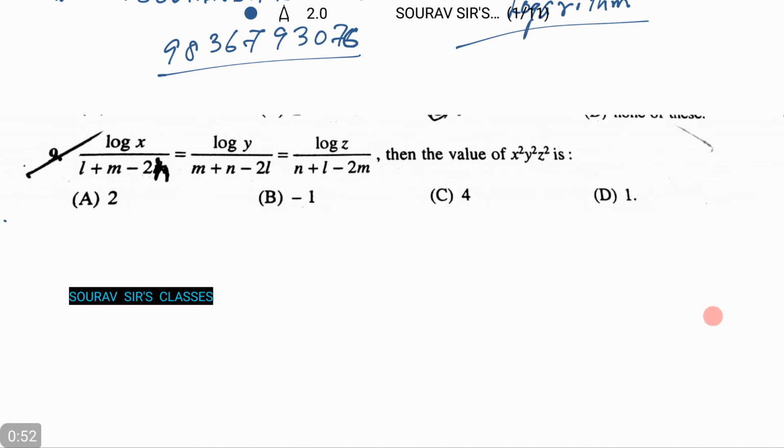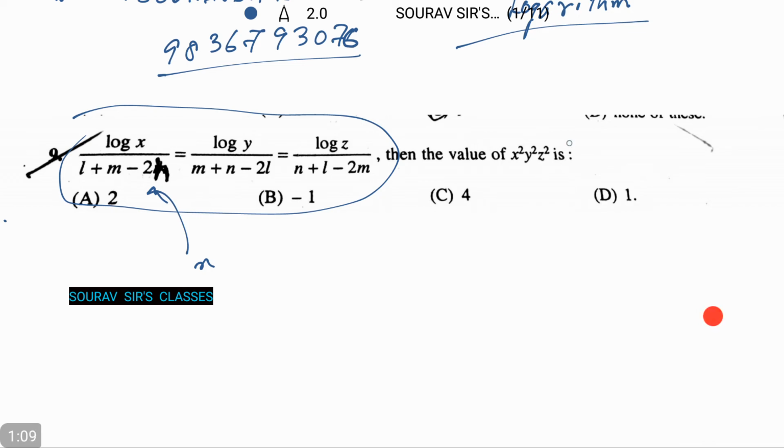We are given this expression, which is log x by l plus m minus 2n equals log y by m plus n minus 2l equals log z by n plus l minus 2m. And then we are required to find x squared, y squared, z squared.